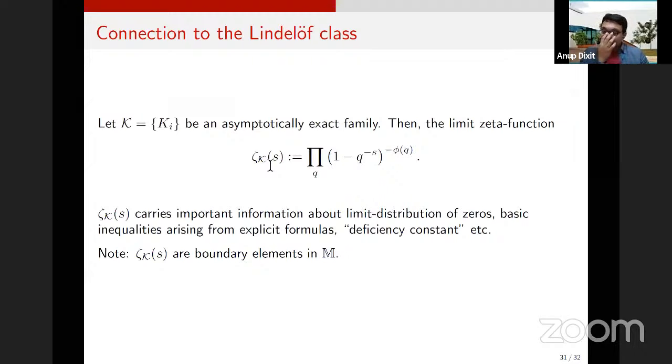If you use the topology of M that I did not describe, then these elements are in fact boundary elements, and it's an interesting question to investigate: what do these boundaries mean when we are looking at this space of L functions? That's a rather mysterious question, and there are several avenues of investigation there.